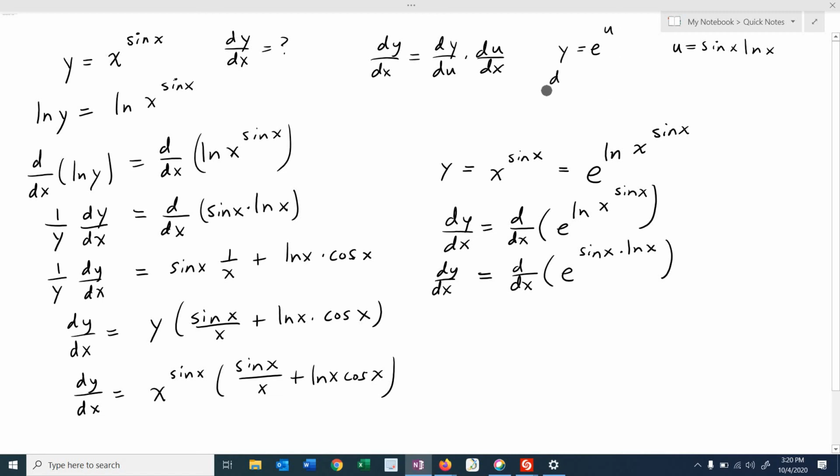Okay, and so dy du would be the derivative of this with respect to u, and that's just e to the u. And of course, you can replace the u here, u is equal to this. So you just get e raised to sine of x times ln of x.